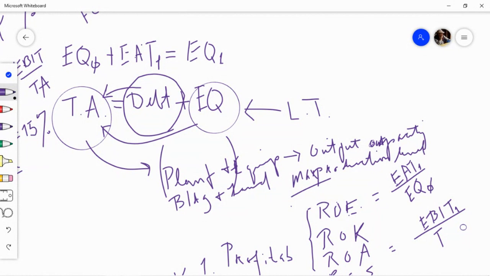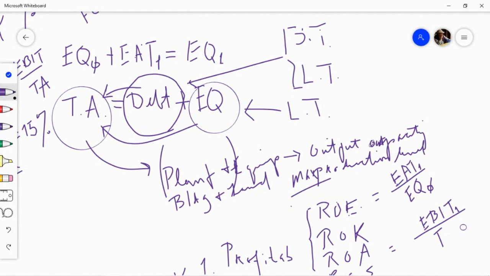In other words, stocks don't have any maturity. Stocks can go on forever, right? As long as the company doesn't shut down, stocks go on forever. Equity is already long-term. But debt, there is short-term debt, which is called current liabilities, and long-term debt, non-current liabilities, right? Short-term and long-term.